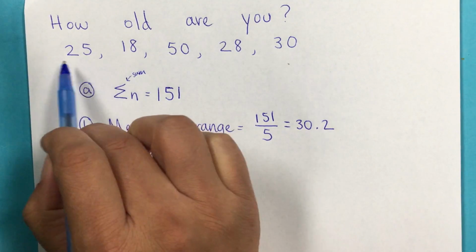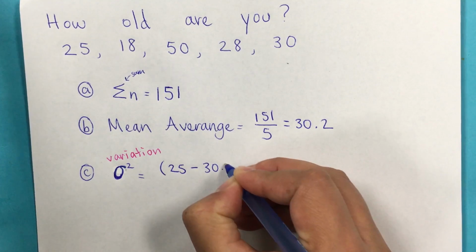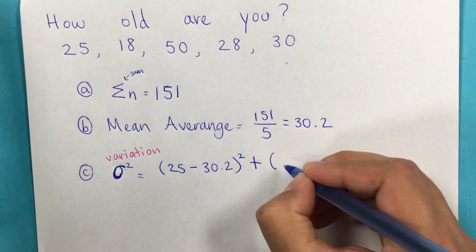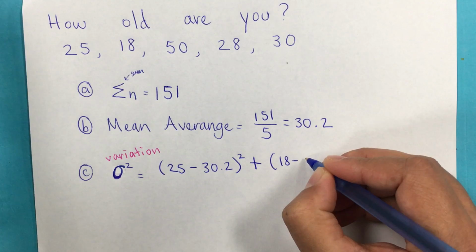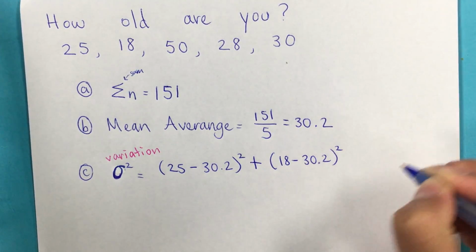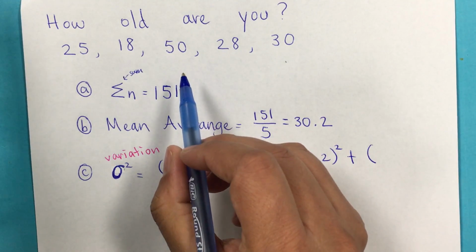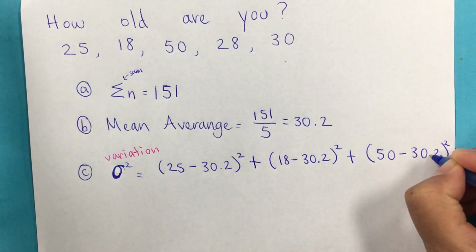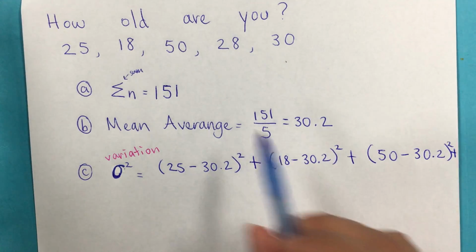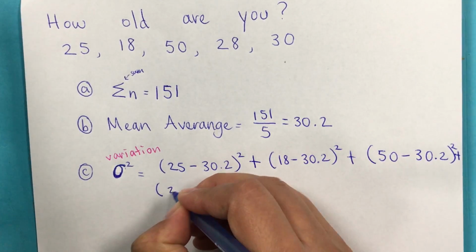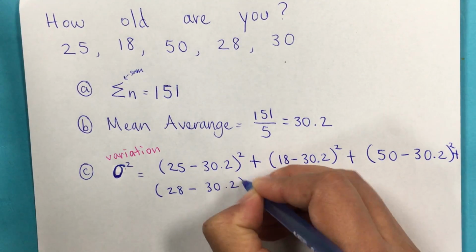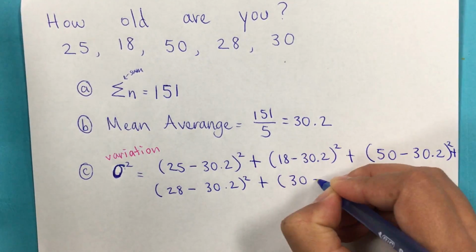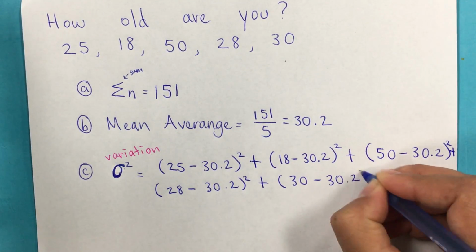So 25 minus the mean, which is 30.2, square that, plus again, we get the second number minus the mean average, square that, plus the third, so 50 minus the mean average, which is 30.2, square that, plus the next one is 28 minus 30.2 squared, plus, and finally 30 minus 30.2 squared.